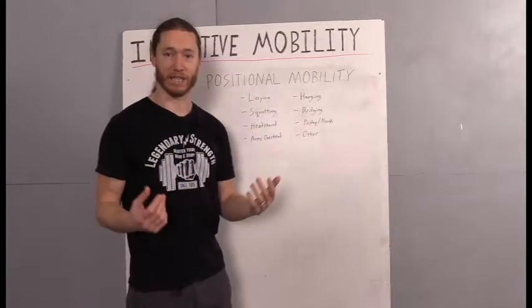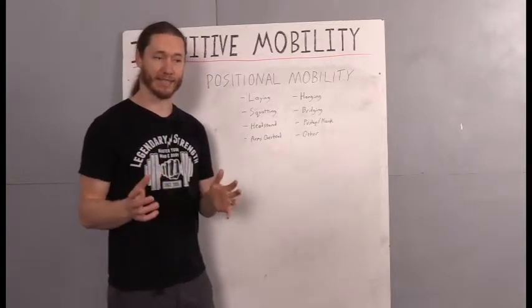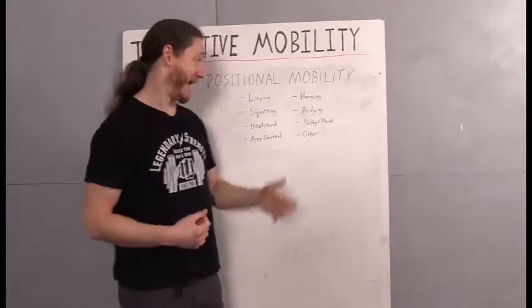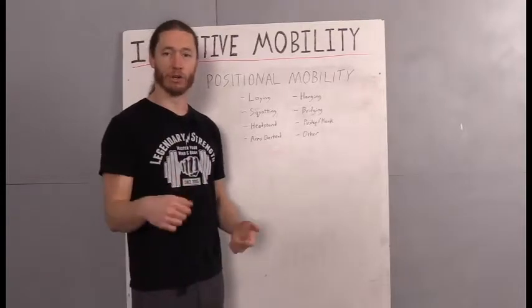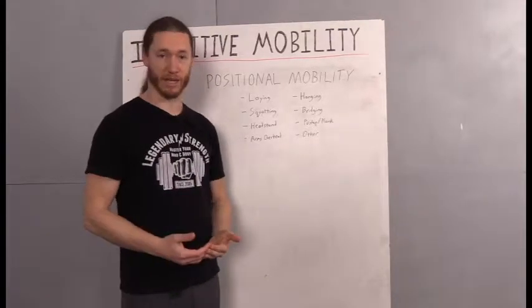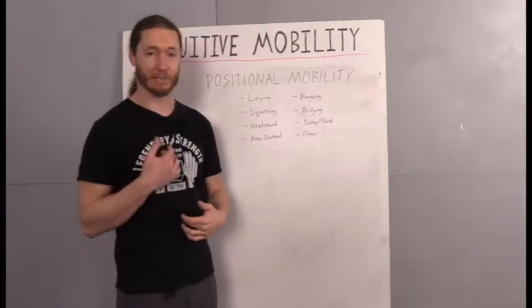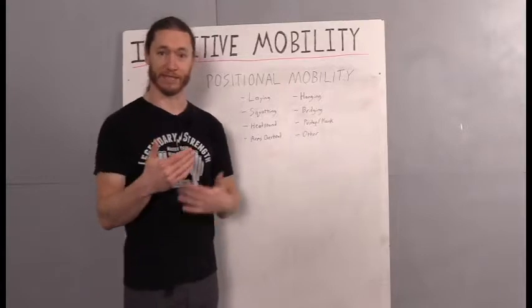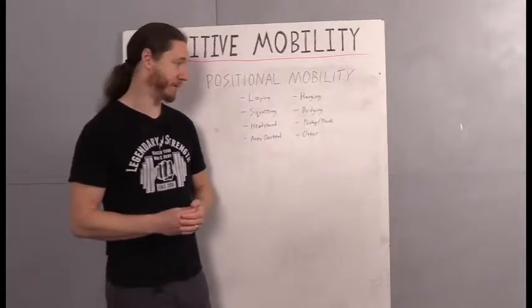Now, as we look at all these, and you'll see this in the coming videos, you can generally work on all the basic mobility. So we can go joint to joint across them all. In some cases, there really isn't much difference from the normal standing position and in these. So if we're laying down on the ground, laying on our backs, doing wrist circles, not really going to be much different. But if we're laying on the ground, on our backs, moving the spine around, because you have the ground right there providing some resistance or making it harder in different ways, that is going to change the movement.